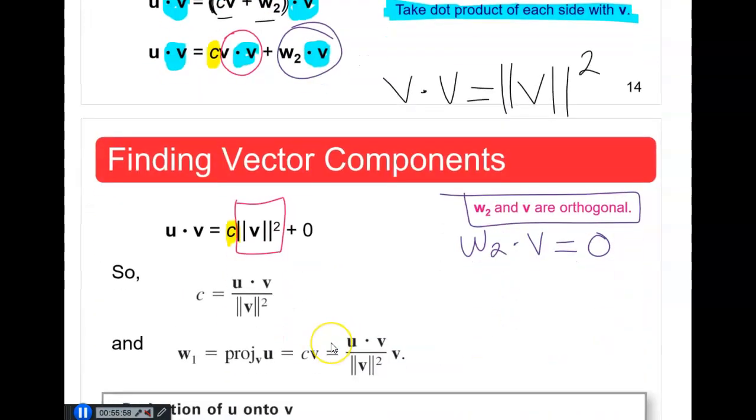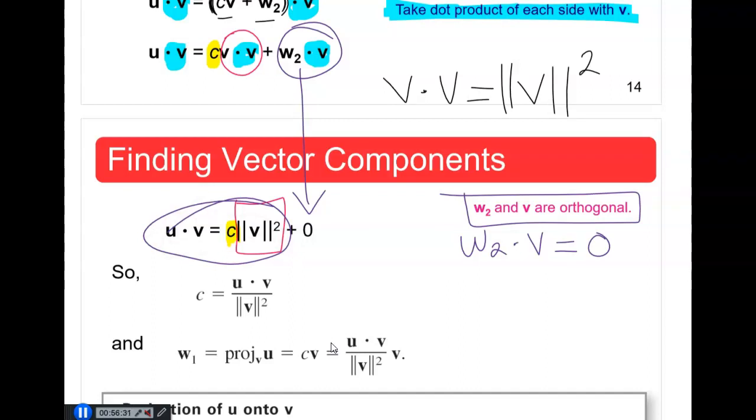So we can calculate this operation, and it will be 0. Then we're just left with this form of the equation, which will be the dot product on the left, and on the right side we just have C times the magnitude squared of vector V. If I just reverse them, it will probably make a little more sense.